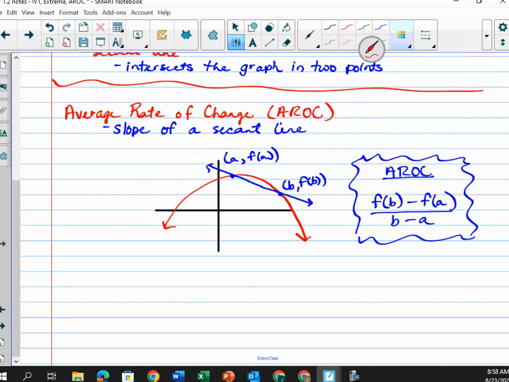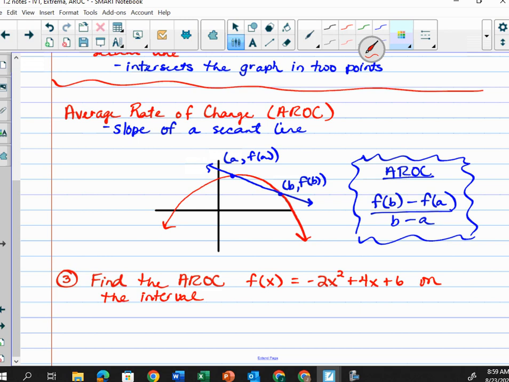So we'll try one here. All right, so find the average rate of change. We've got f of x equals negative 2x squared plus 4x plus 6 on the interval -3 to -1.